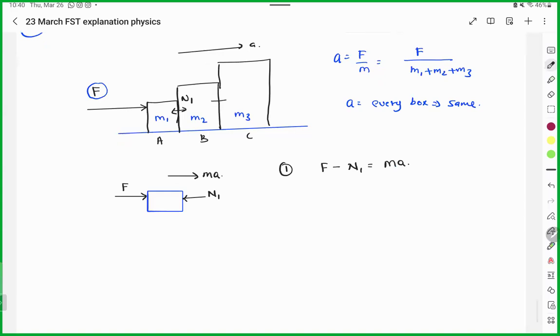अब in the same way there will be force between M2 और M3 जो एक दूसरे पे लगाते हैं, that is N2 contact force। ये था M1.